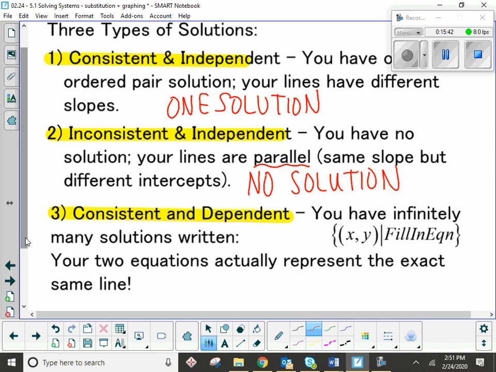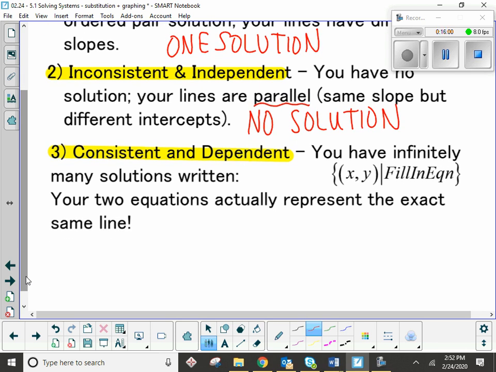So one solution, no solution. What other things have we seen before when solving? Same line. If two lines actually are the same line, how many places are they intersecting? All of them. So how many solutions would they have? Infinitely many.